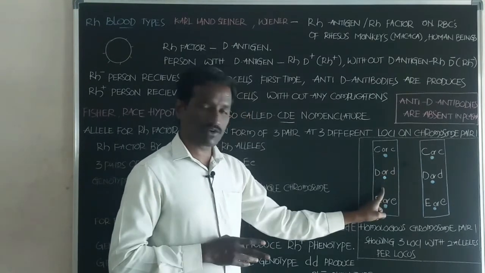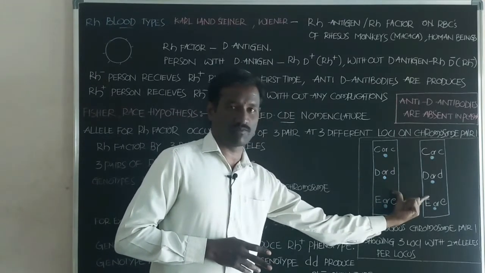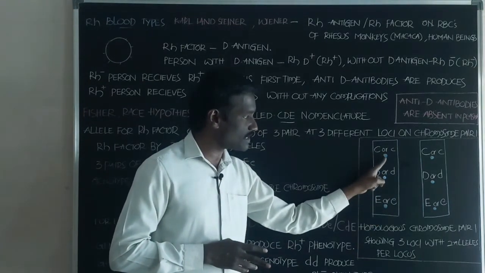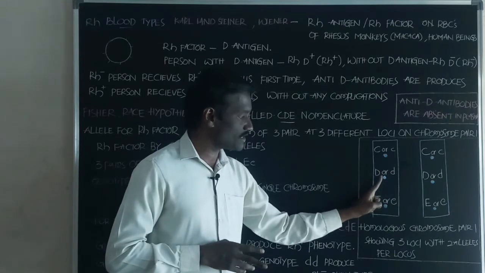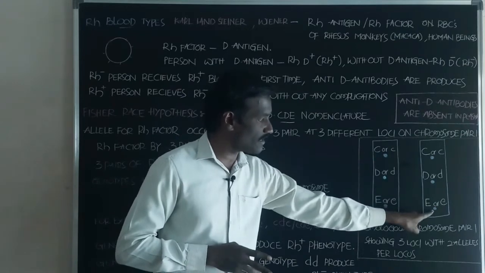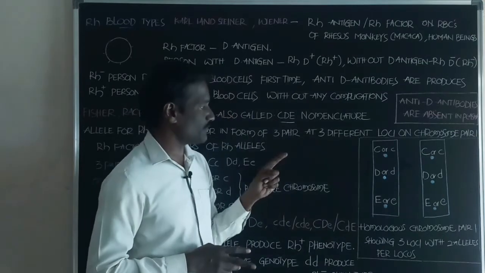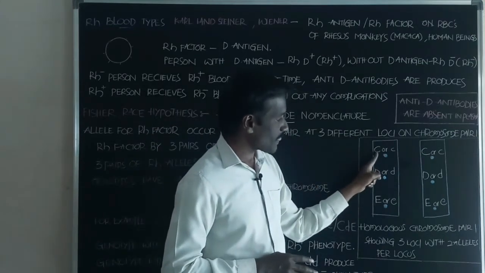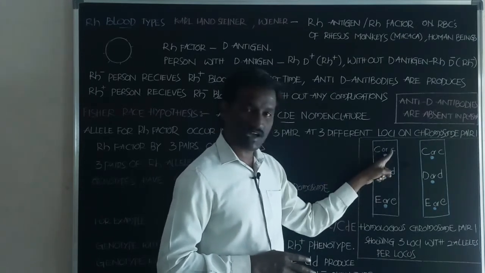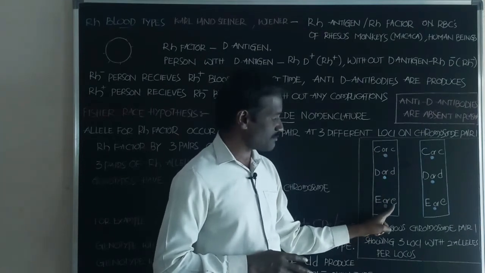It is one chromosome, and it is another chromosome. This is the first pair of chromosomes, and this indicates the different loci. It is one locus, and another locus. Student, these are three different loci on the first pair of chromosomes. Capital C is an allele, small c is an allele, and capital D or small d, capital E or small e.